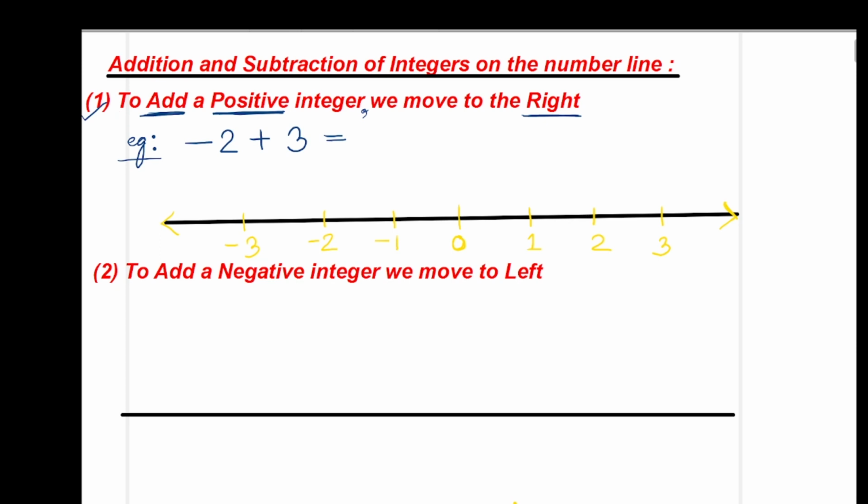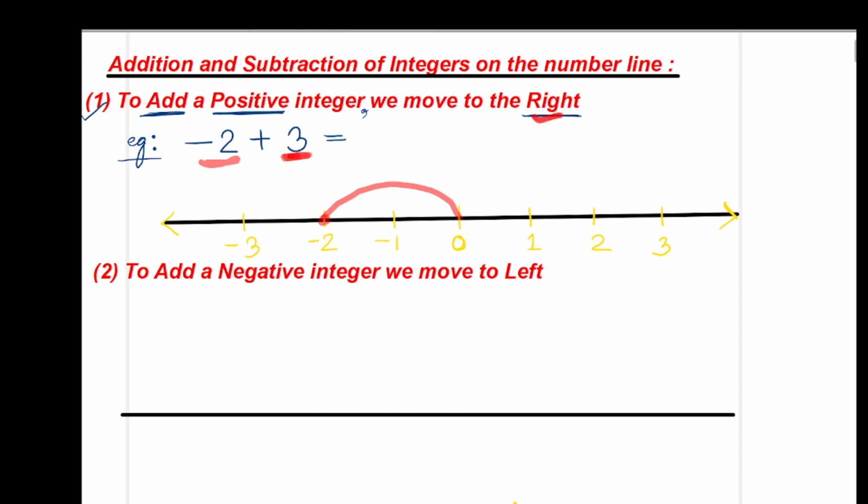Now, how to do the addition? We have to add 3 to minus 2. This is the positive number we are adding, and our position is minus 2. Every time you have to start the journey from 0 to minus 2 first. Then, when you have to add a positive number, we go right.